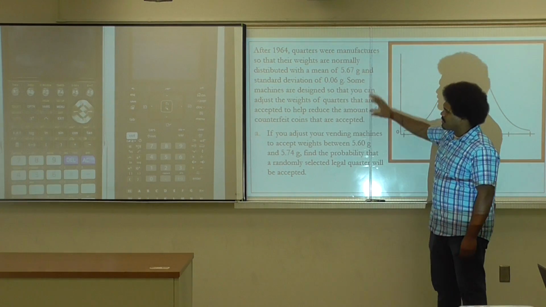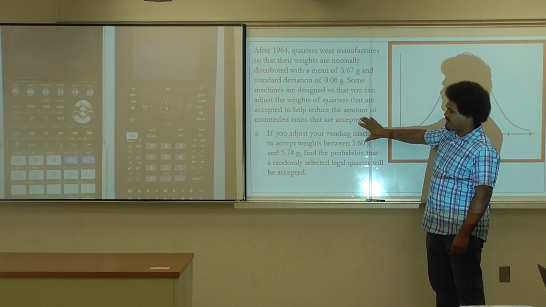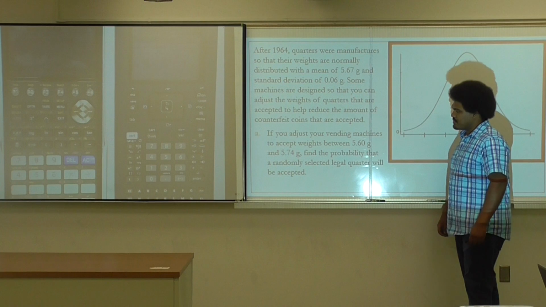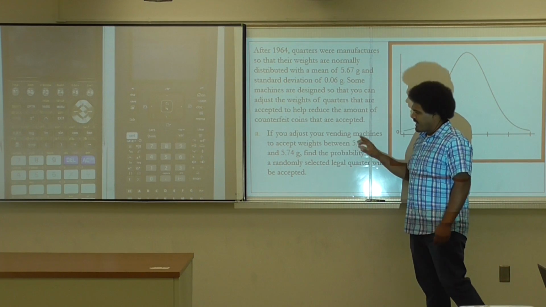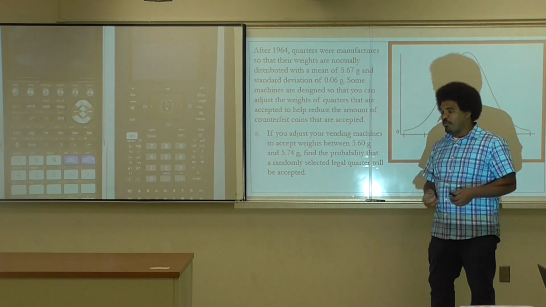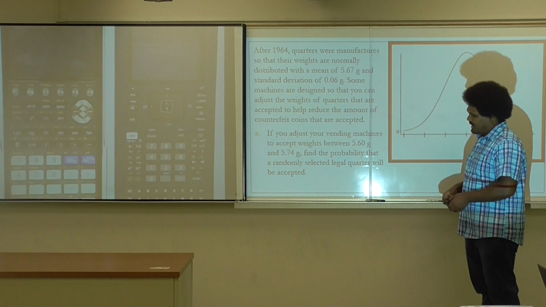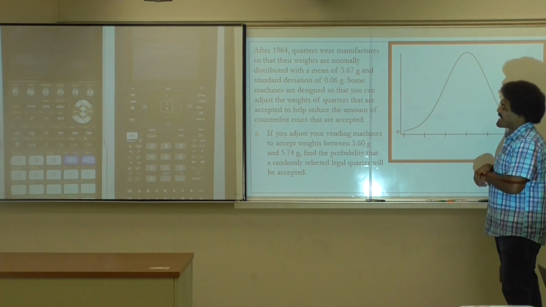This information is about the good quarters, and we mentioned modifying it so that we can have acceptance. So this is what you want your limitations to be. What is the probability, or what percentage of them will be selected and accepted?